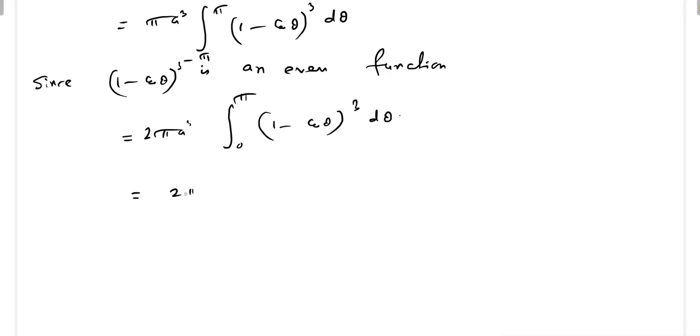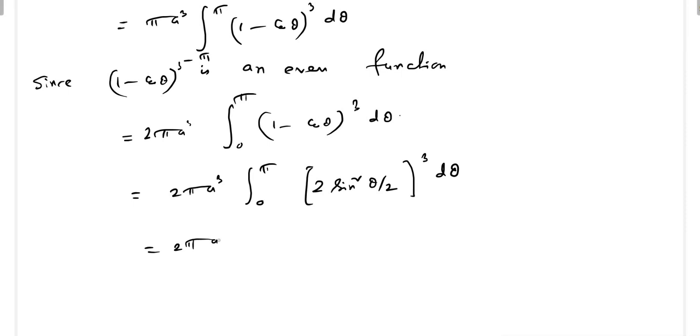This is 2 pi a cube, the integral from 0 to pi, 1 minus cos theta is 2 sine square theta by 2, whole cube d theta. It is 2 pi a cube, the integral from 0 to pi of 2 cubed is 8, into 2 is 16, into sine to the power 6 theta by 2 d theta.